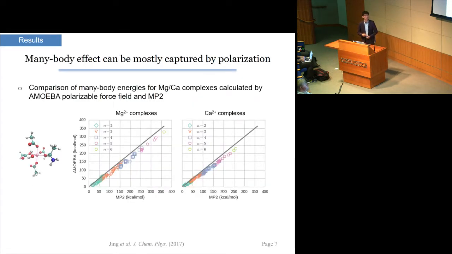This is a correlation between the many-body energy from QM calculations and the AMOEBA polarizable force field, which shows the many-body energy can be mostly captured by the polarization.